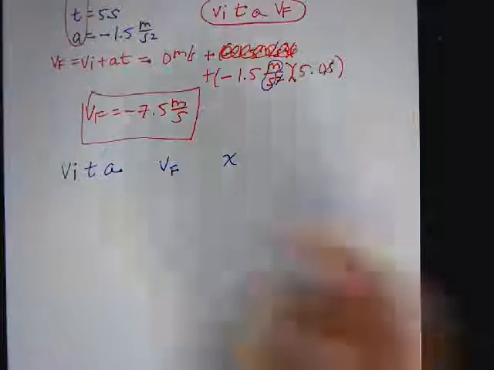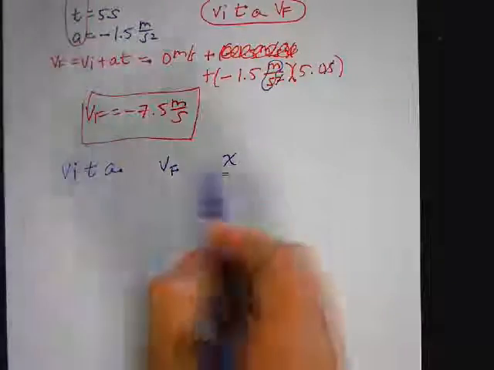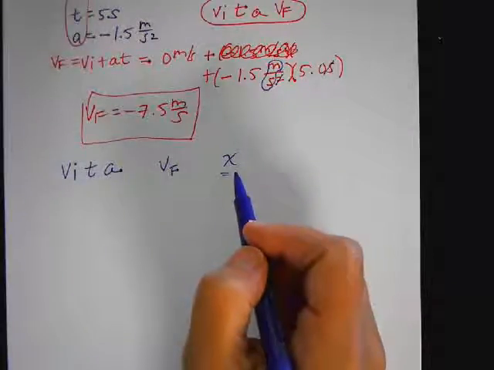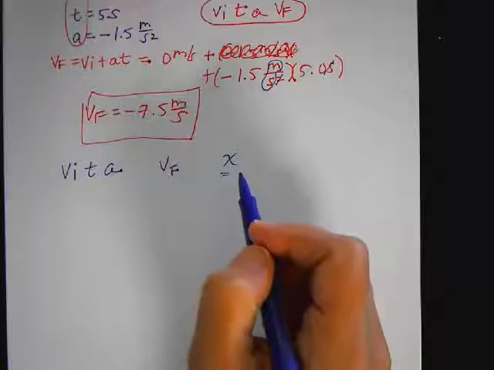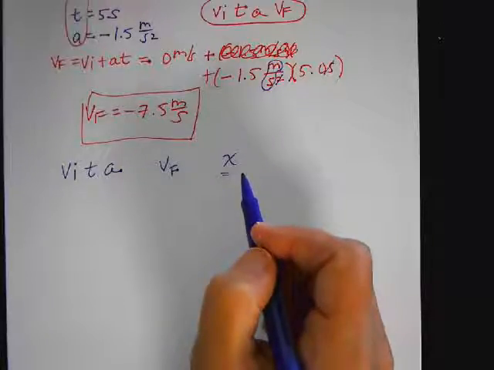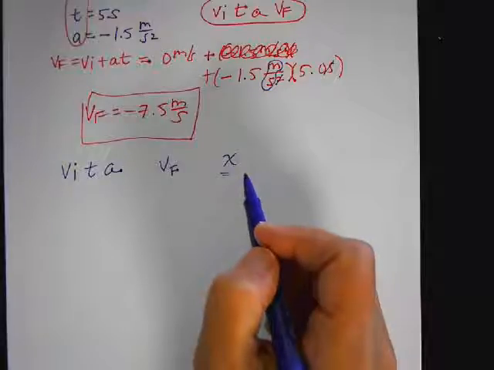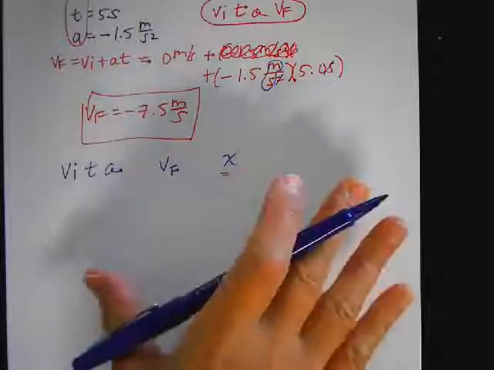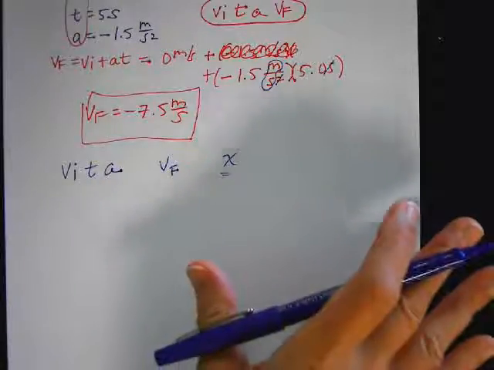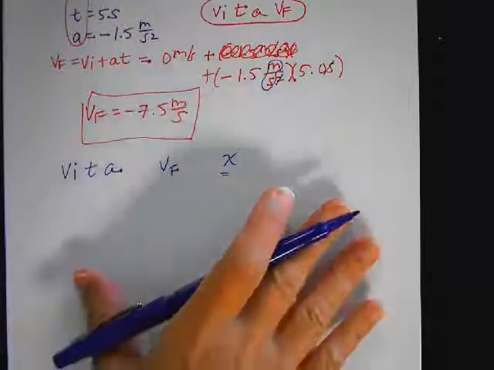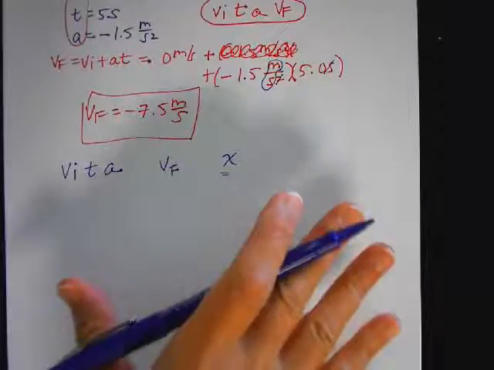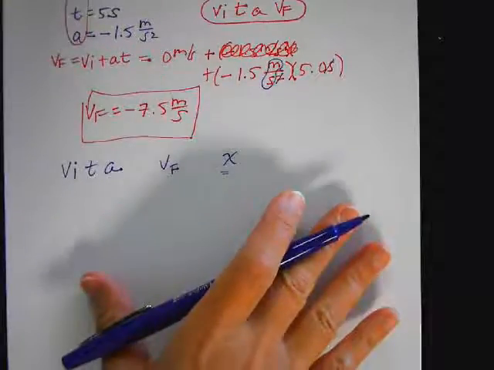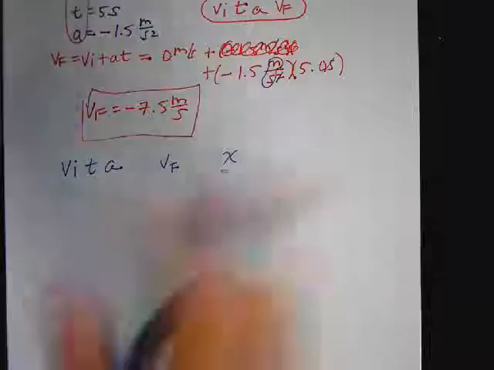In this section, we haven't learned another equation we're going to learn tomorrow, so I'm not going to do it that way. In practice D, the equation that they use on some of the problems is this one: x is equal to Vi t plus 1/2 a t squared.